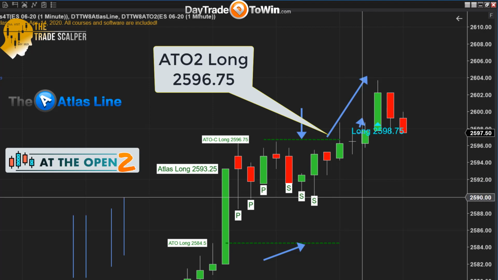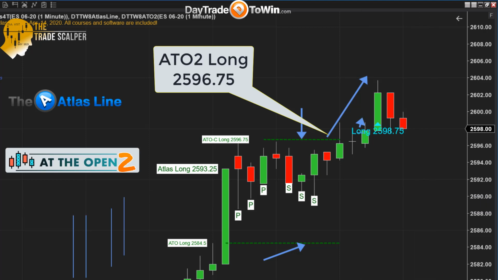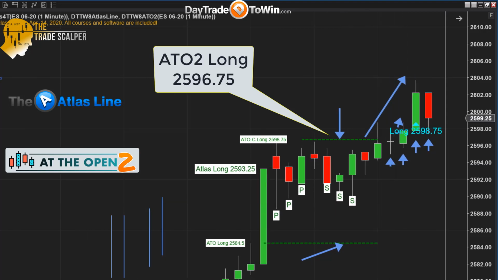Typically, I like to use time-based stops for the at the open, which is 4 candles, which is, again, time. We're making our decisions based on price and time. So after you enter long, it would be 1, 2, 3, 4 candles to make the target. The target being 4 points.